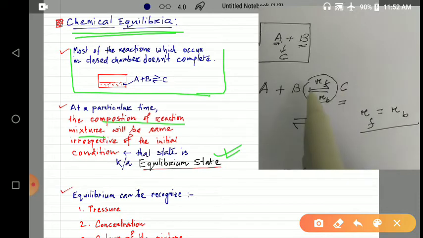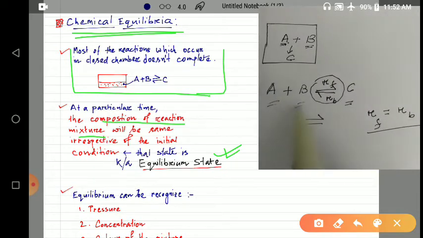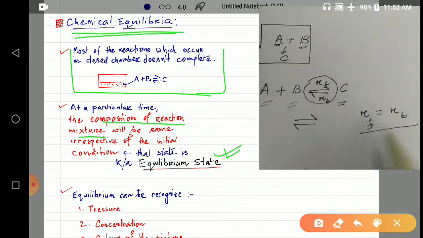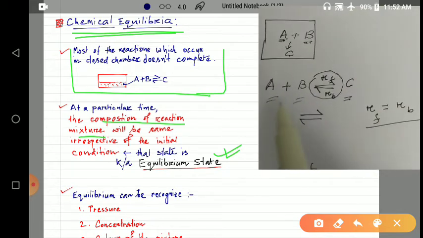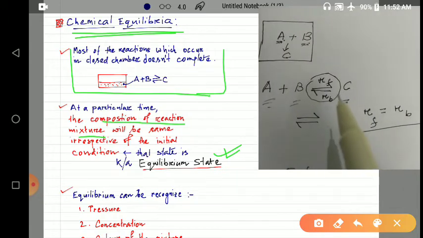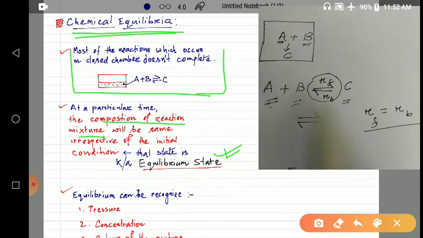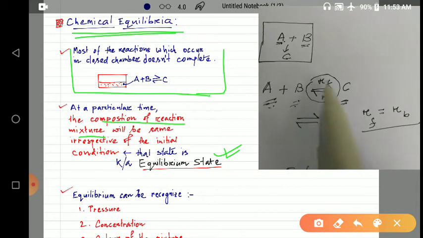We will not observe any new formation of C, or any formation of A and B from C. So at that particular point the composition of the mixture will be fixed. No A and B will form from C, so A and B will remain the same, and no C will form from A and B, so the C concentration will remain the same at that point where RF is equal to RB.